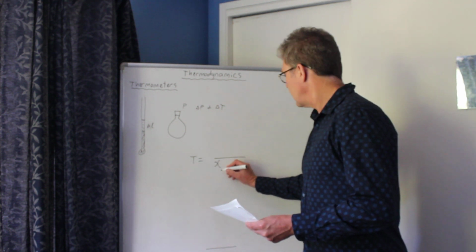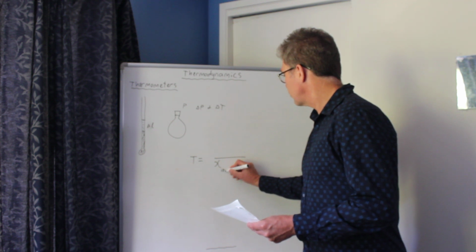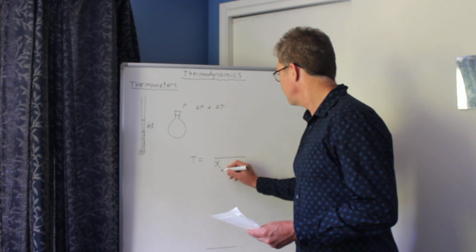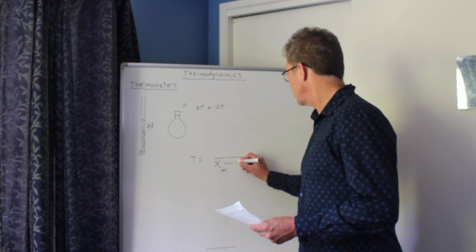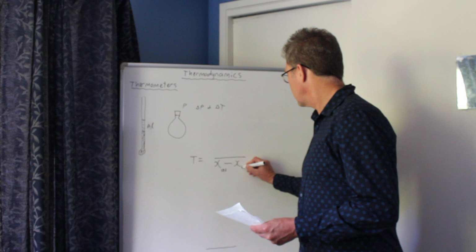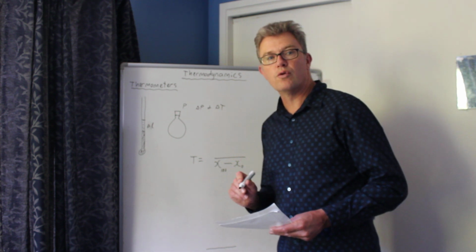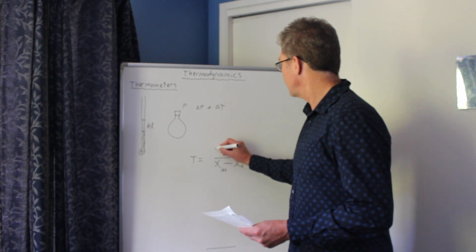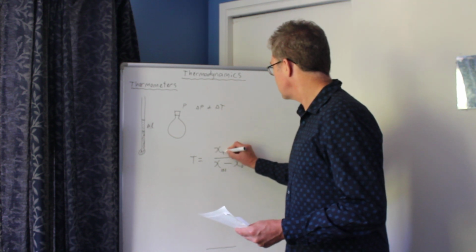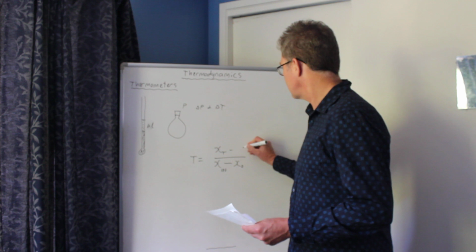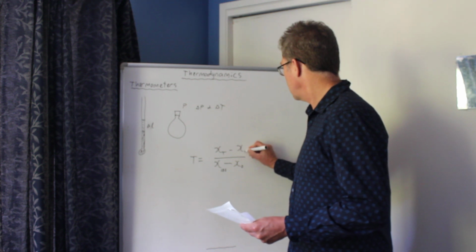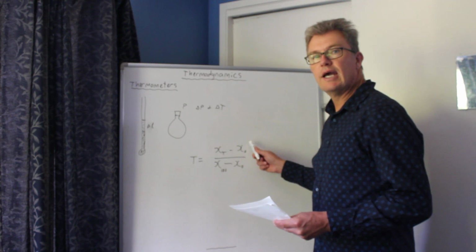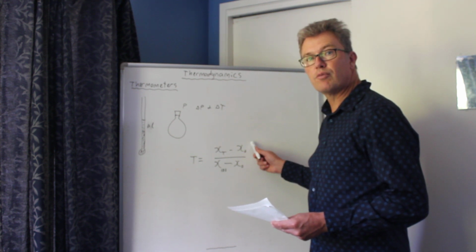The quantity at 100 degrees Celsius, or at the boiling point of water, minus that quantity at 0 degrees Celsius, or at the freezing point of water. That's on the bottom line. Over the top we've got that quantity at temperature T minus x0, which is again the quantity at 0 degrees Celsius, or at freezing point of water.